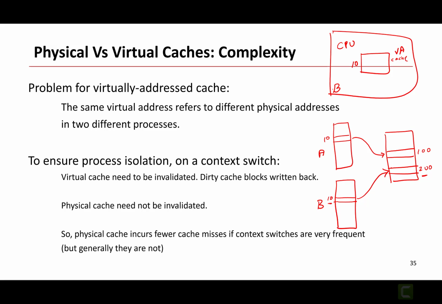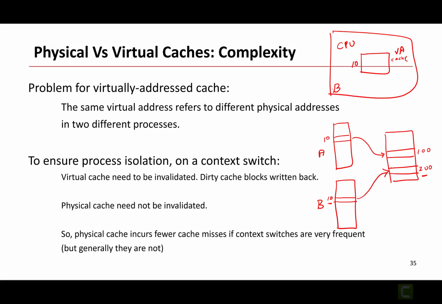Well, B finds that address 10 is actually in the cache. It's a surprise, because this is the first time B is accessing address 10. It should be a miss, but it's not. It's even worse because B is now able to access the data that A was operating on. So the entire idea of isolation breaks in the case of a virtually addressed cache.